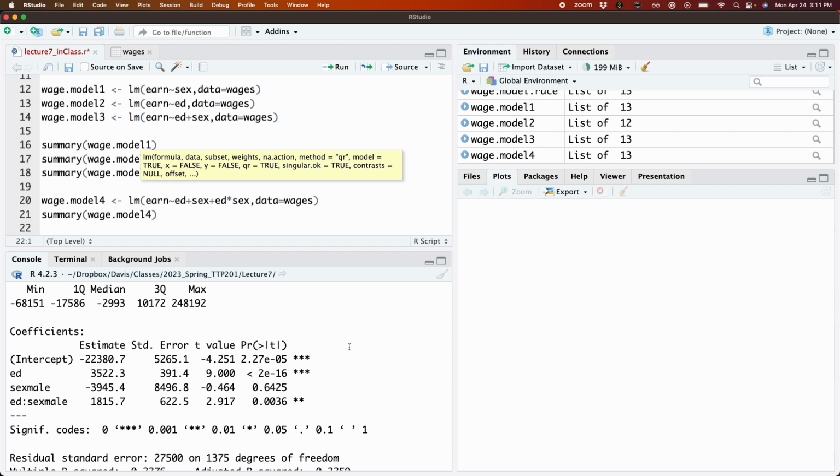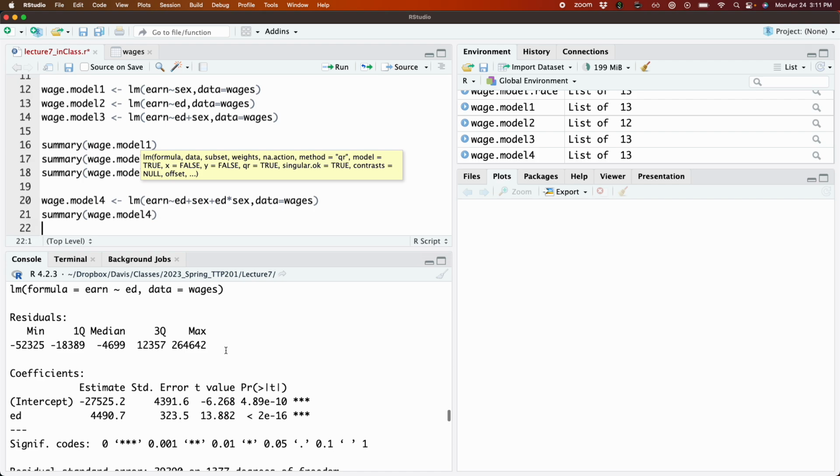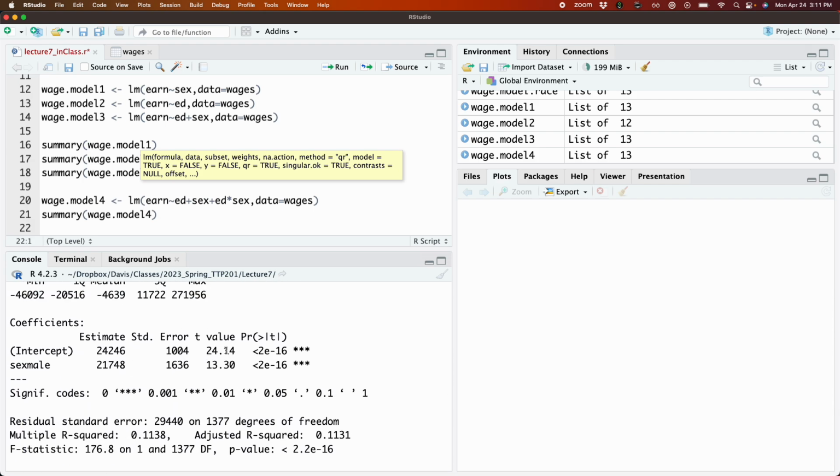How do we interpret that? So basically, this is saying on average, men make more than women.